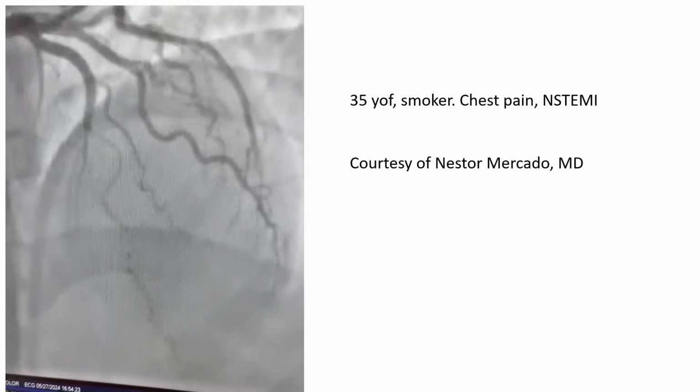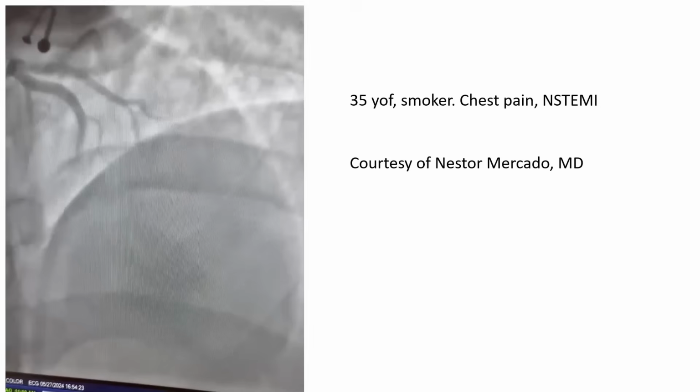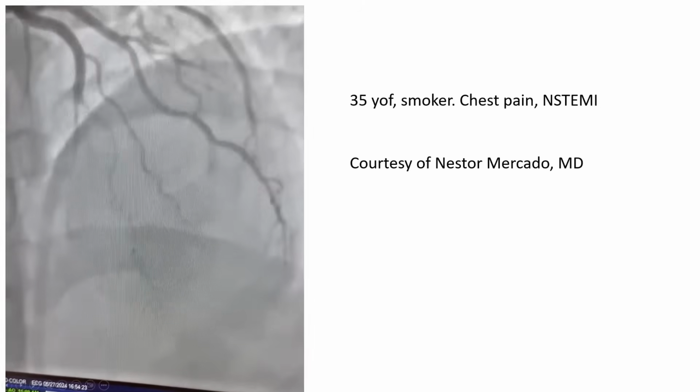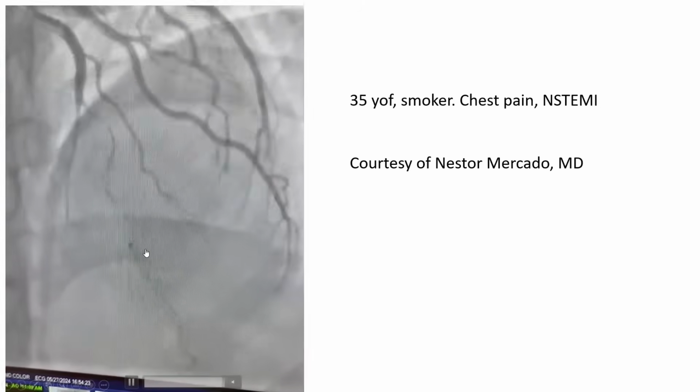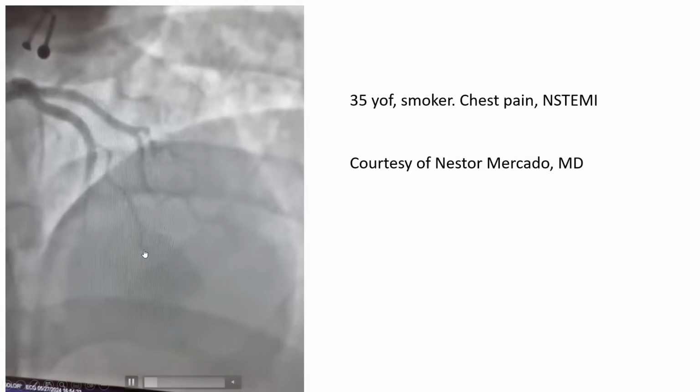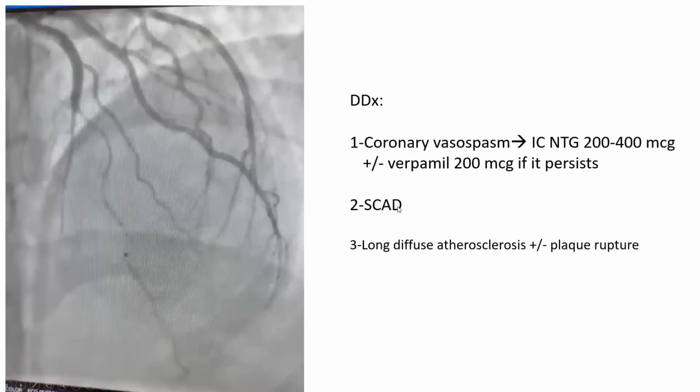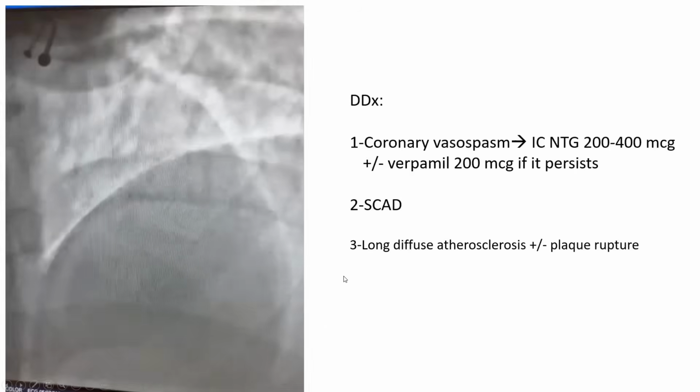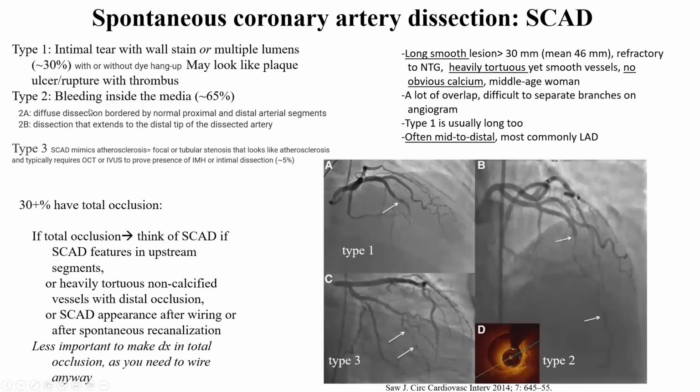So let's say we gave here, in this case, nitroglycerin, we gave even verapamil, and the same angiographic appearance persisted. What's the diagnosis? Then the second diagnosis you need to consider in this middle-aged woman is SCAD, spontaneous coronary artery dissection, specifically SCAD type 2, okay, which gives you this angiographic appearance exactly, which is intramural hematoma.